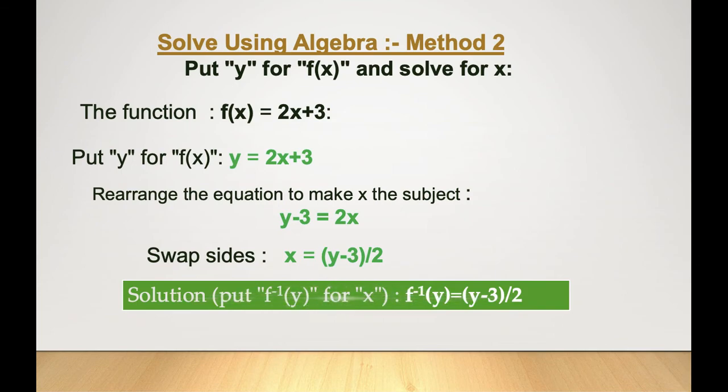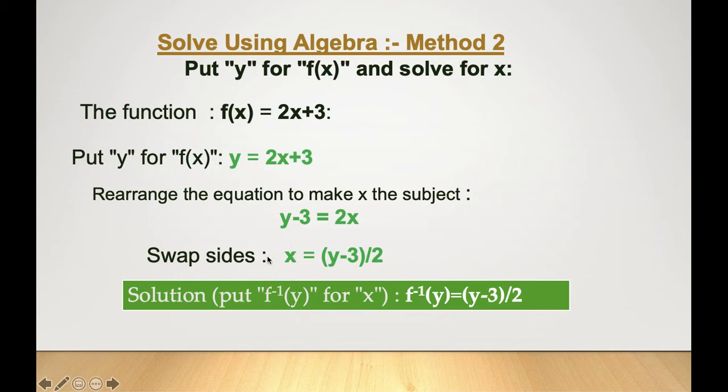So now what is our inverse, students? Our solution is to put f inverse of y for x. Here you replace this x by f inverse of y. So our inverse function is f inverse of y is equal to y minus 3, the whole divided by 2.